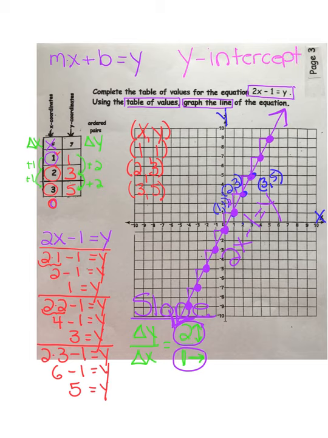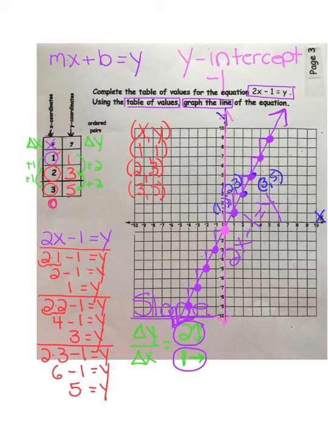If you look at your y-axis running vertically, the y-intercept for this particular equation is this point right here at -1.